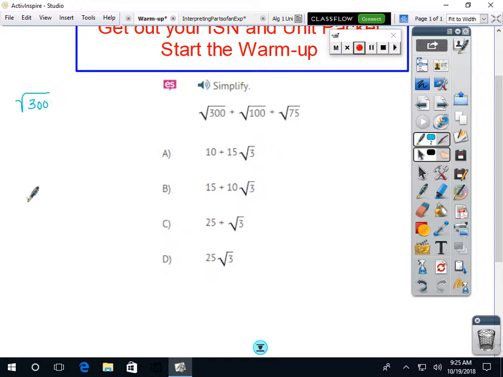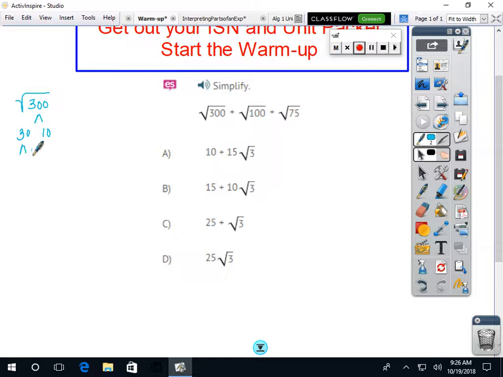Okay, is the square root of 300 a perfect square? Type it in, see what it says. It is not, which means we have to simplify by factor tree. So what are two numbers that multiply to make 300? 30 and 10.